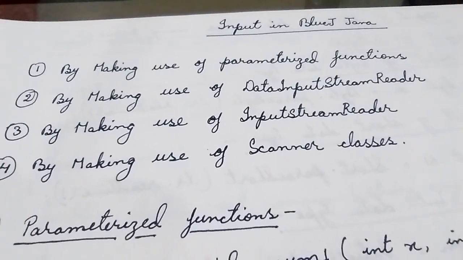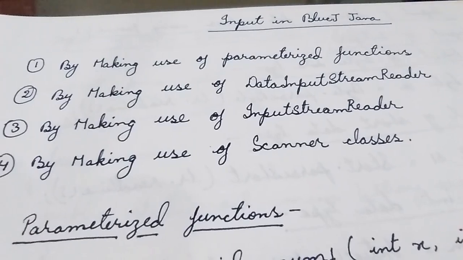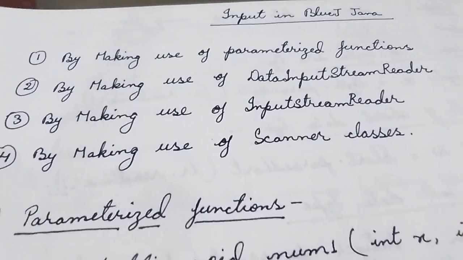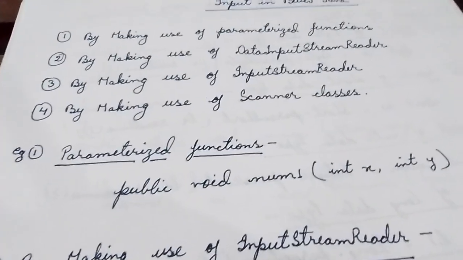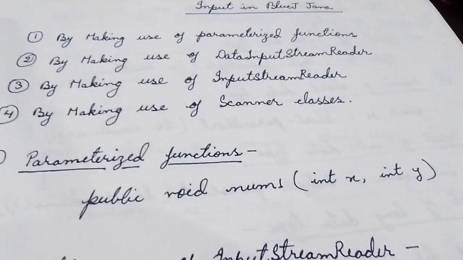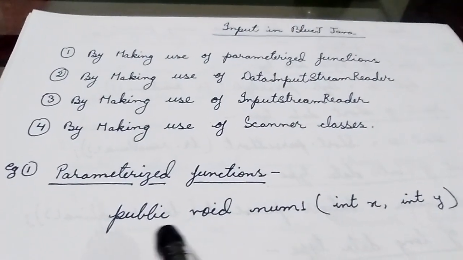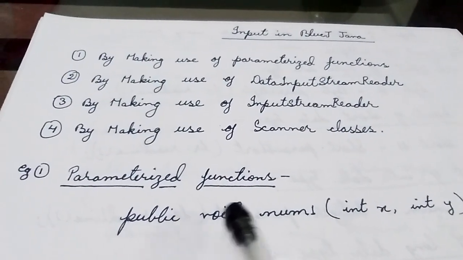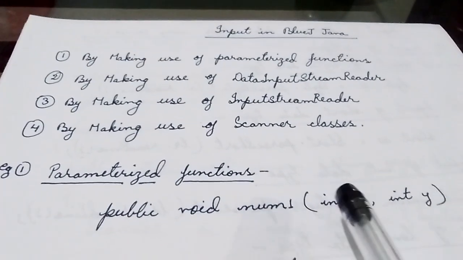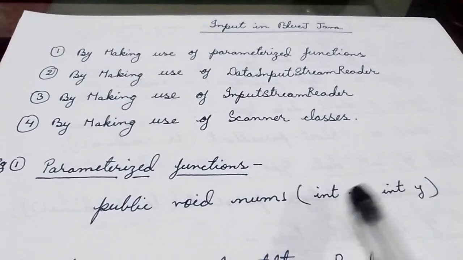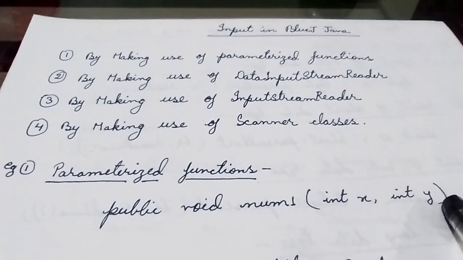Now, programming done in any mode is acceptable, but we see the difference in this. The first one is by making use of parameterized function. In a parameterized function, when we declare the function, maybe any function or a main function, we pass the parameters, that is the arguments, inside its parenthesis.